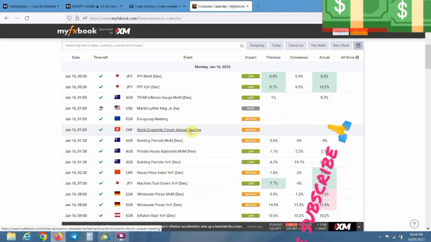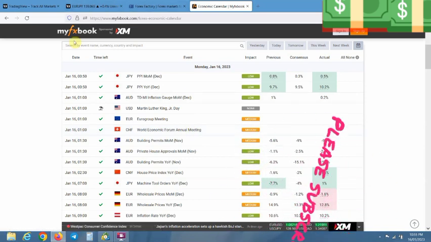So they give you all those details. They allow you to have access to all those details. That is why myfxbook.com is one of my favorites. In short, it's my favorite when it comes to fundamental events.